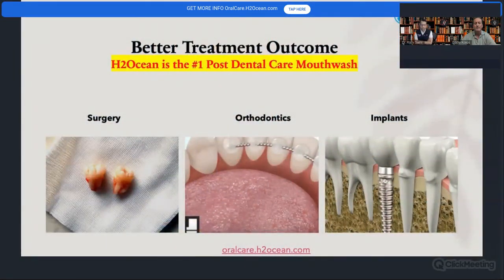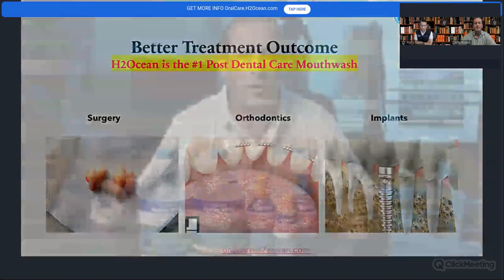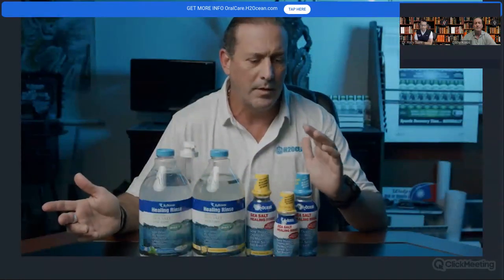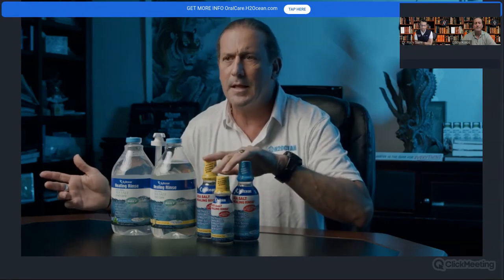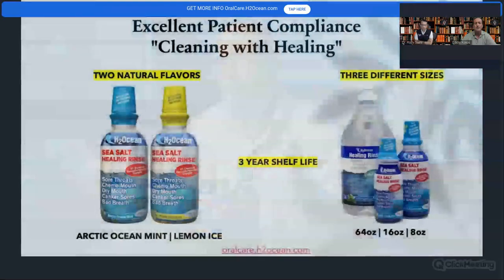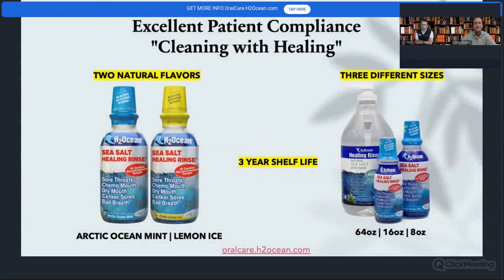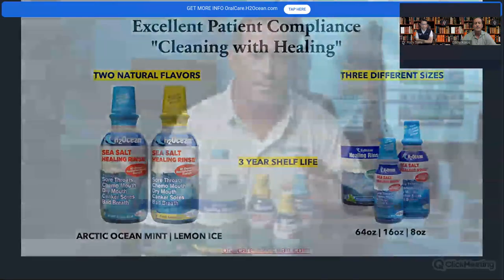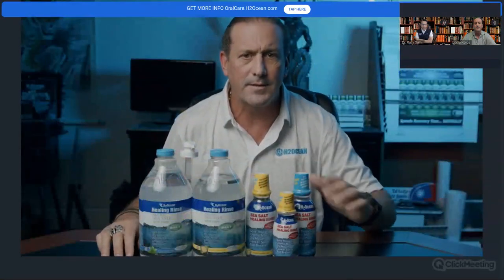We offer excellent patient compliance with our cleaning with healing approach. Our product comes in 2 natural flavors, the Arctic Ocean Mint and the Lemon Ice, in 3 different sizes to suit your various needs: the 64 ounce, the 16 ounce, and the 8 ounce.